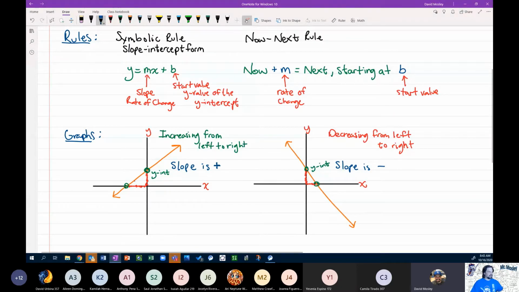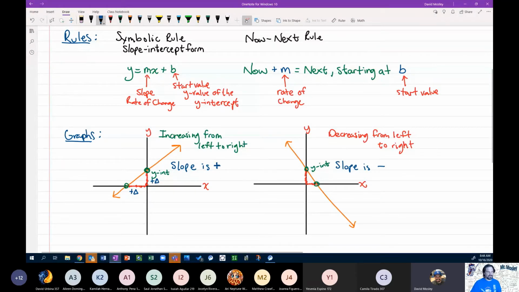On our graph to the left here, where we're increasing from left to right, we have a positive change on x, and we have a positive change on y. The little triangle just means change, which means positive divided by positive, that gives us a positive slope.